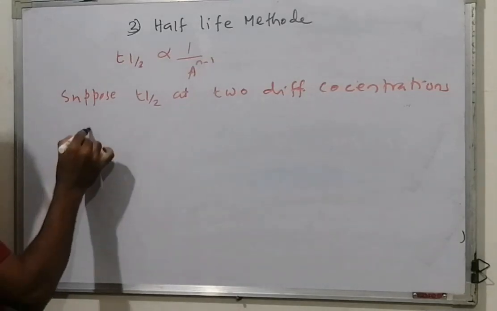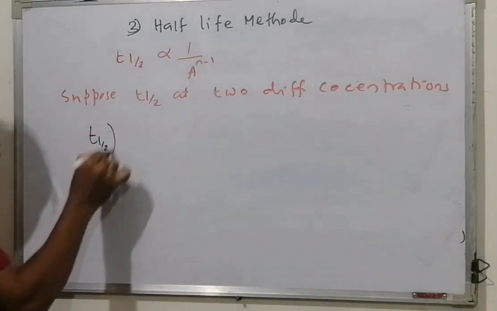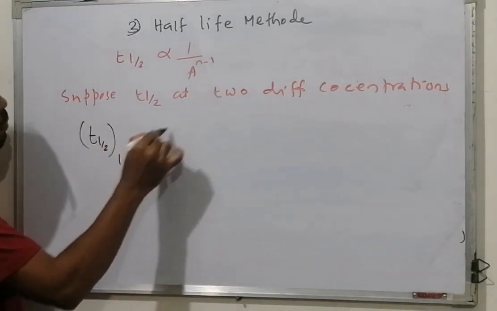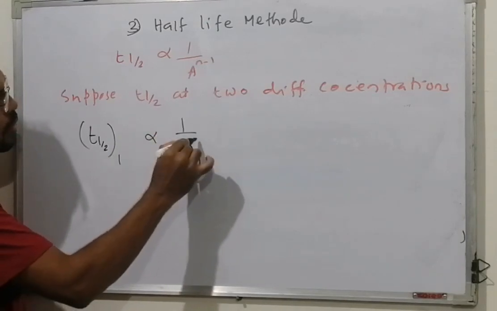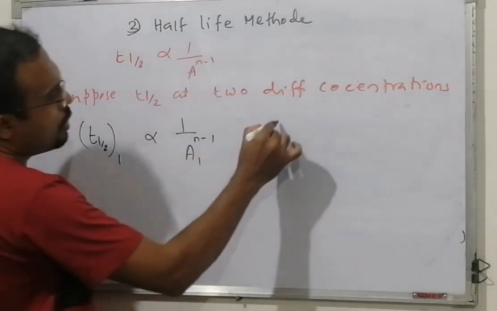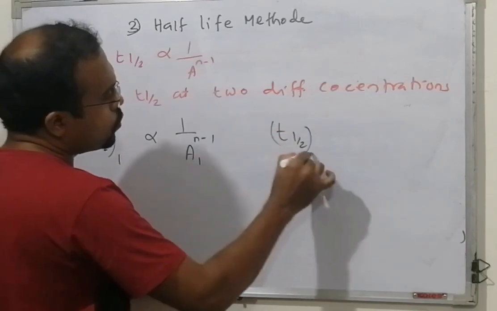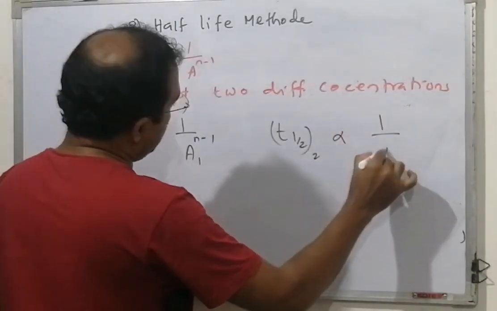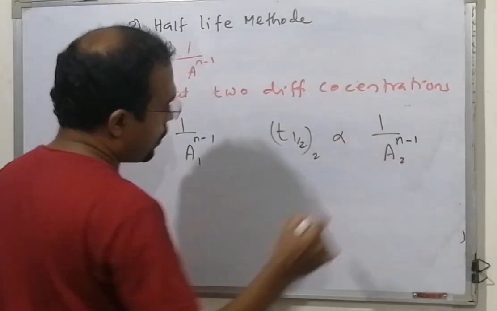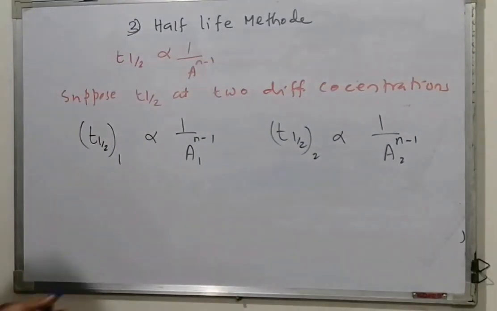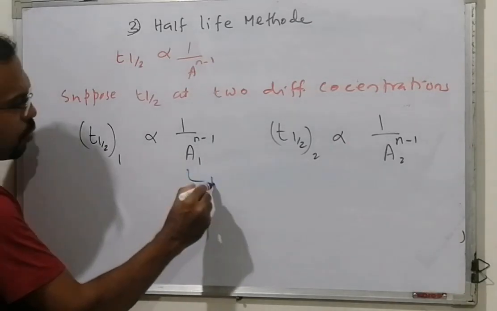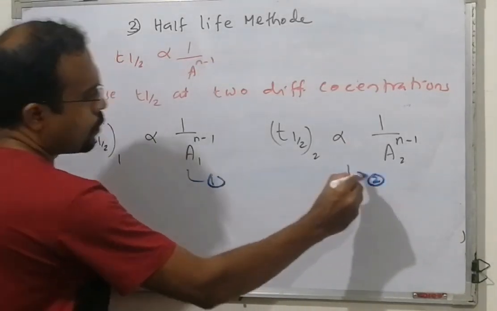Therefore, t1/2 of 1 is directly proportional to A1 raised to minus (n minus 1), t1/2 of 2 is directly proportional to A2 raised to n minus 1. Okay. Suppose it is equation number 1, 2.